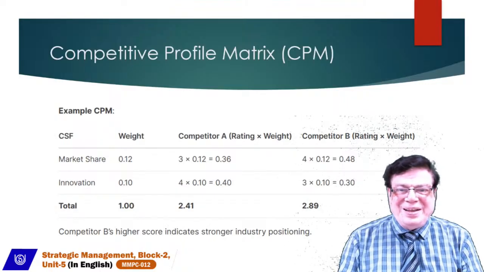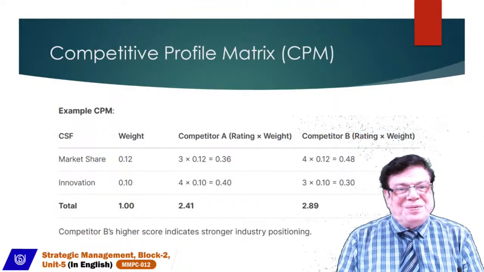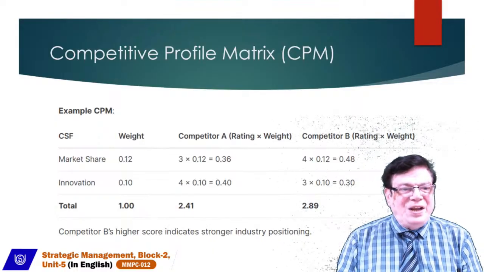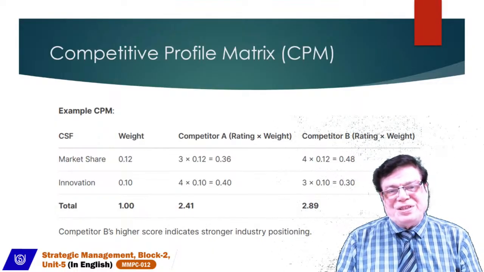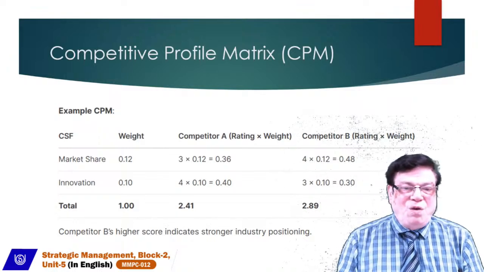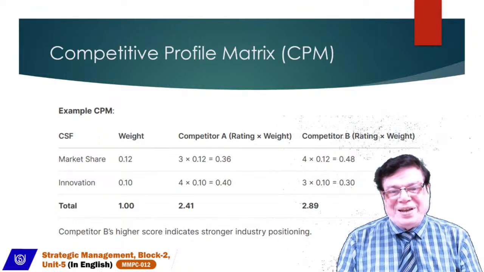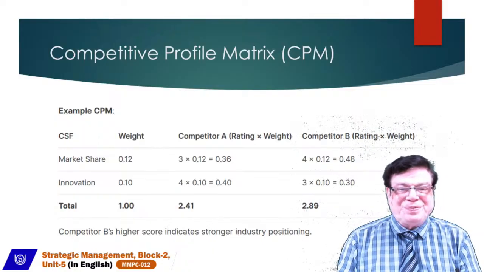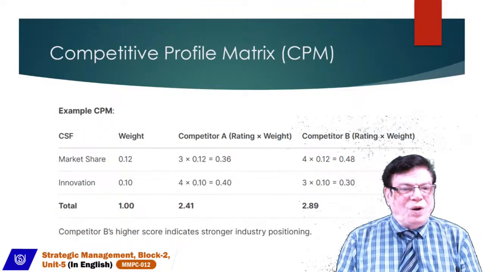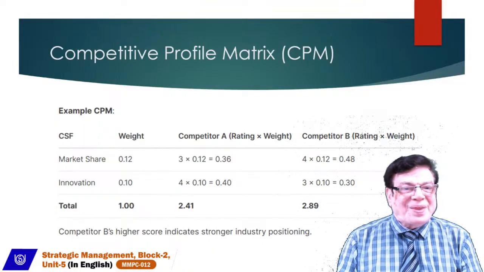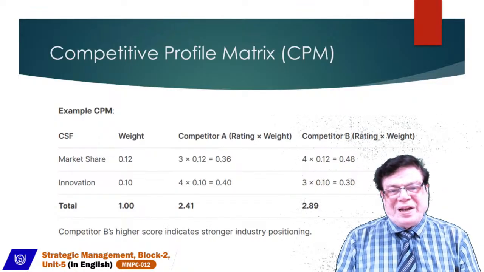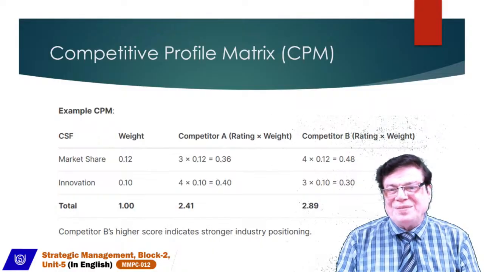Competitor A rating into weight, that is 3 into 0.12 is equal to 0.36. 4 into 0.10, that is 0.40. And total weight is 1. In competitor A it is 2.41.